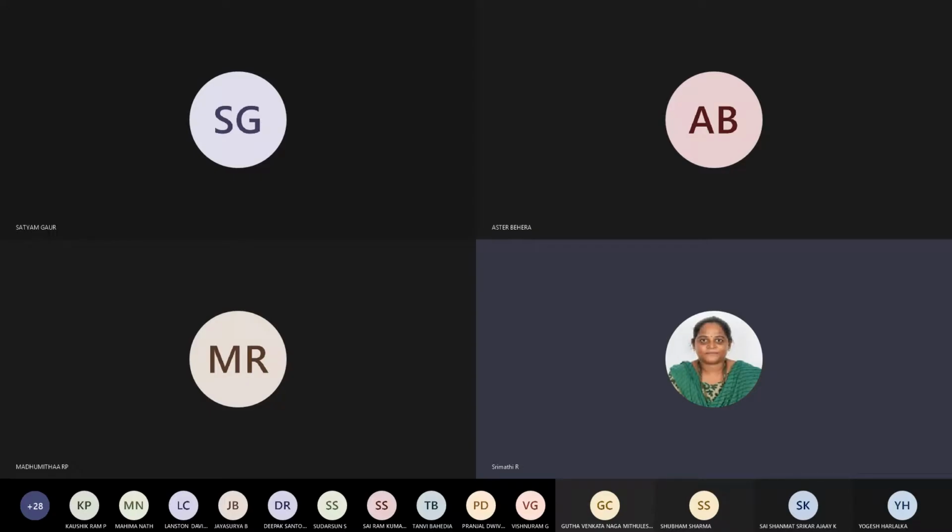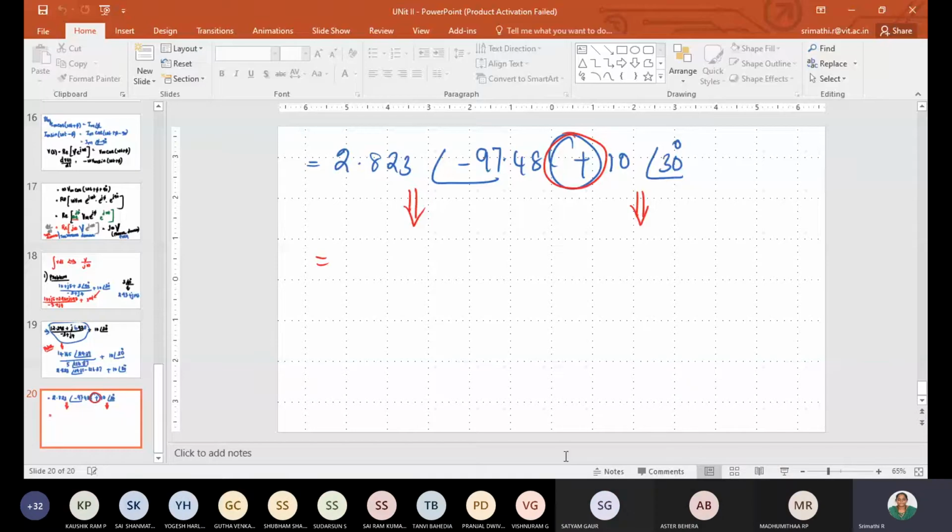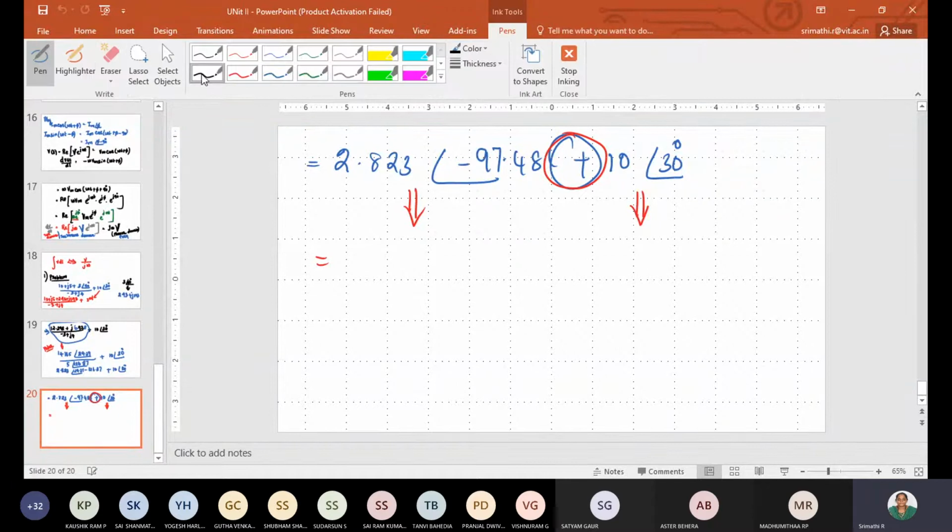We just solved one problem, and then I asked you to let me know the answers for the final one. What is the answer for the final problem which we did yesterday? 8.292 plus j2.201.